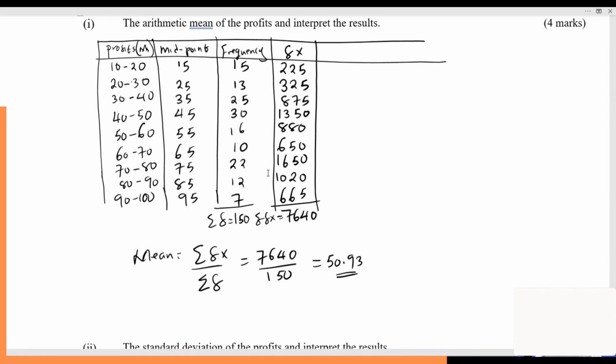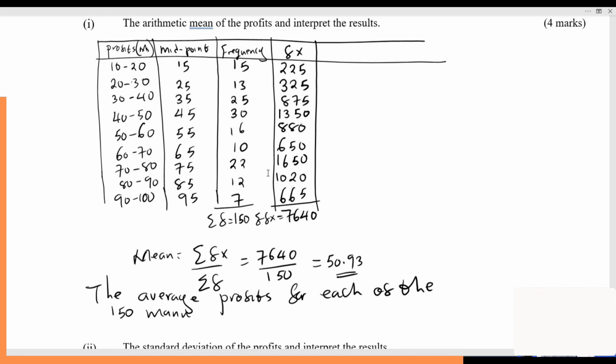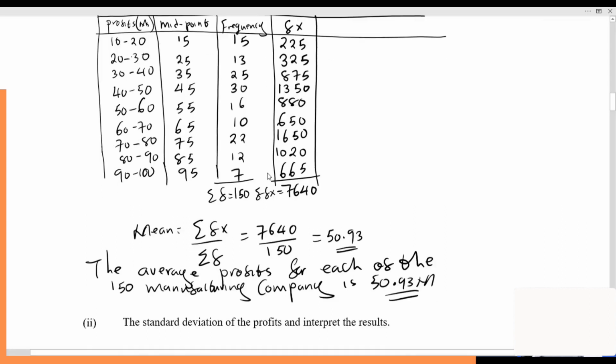You can say the average profit for each of the 150 manufacturing companies is 50.93 million. That's what the mean means.